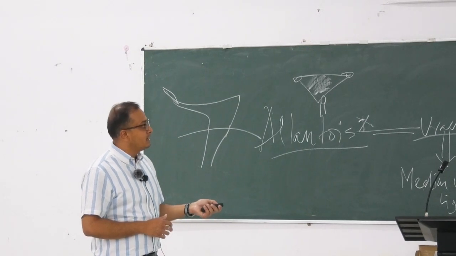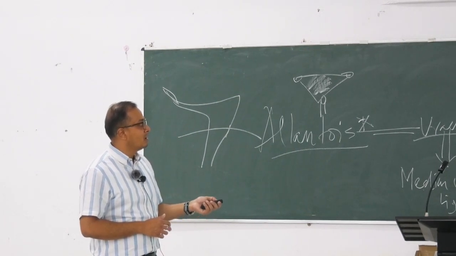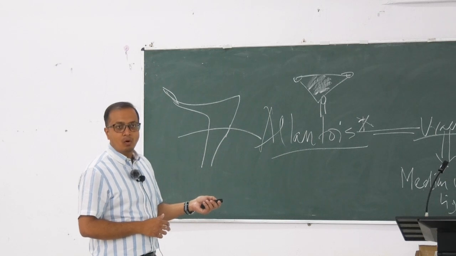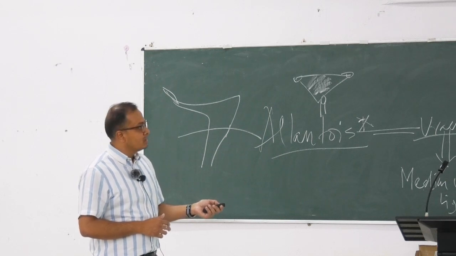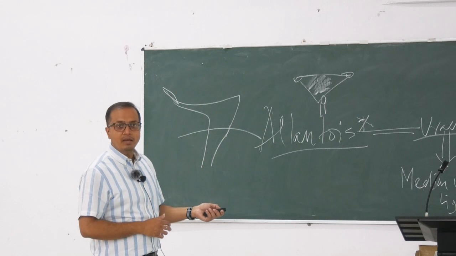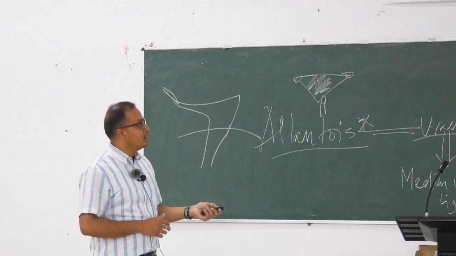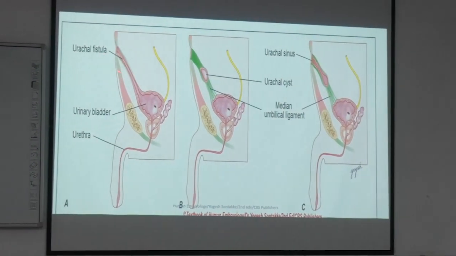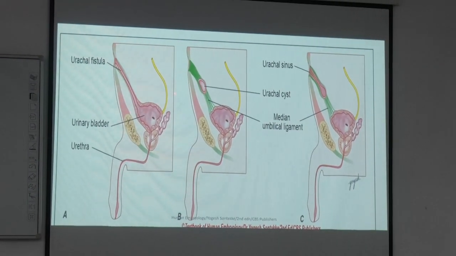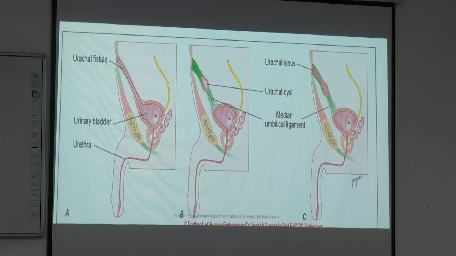As a result, it has a communication from the bladder to the anterior abdominal wall through the umbilicus. So when the baby cries, that means when you have increased intra-abdominal pressure, it squeezes out some urine through this fistular tract, through the urachus, and it escapes through the umbilicus.